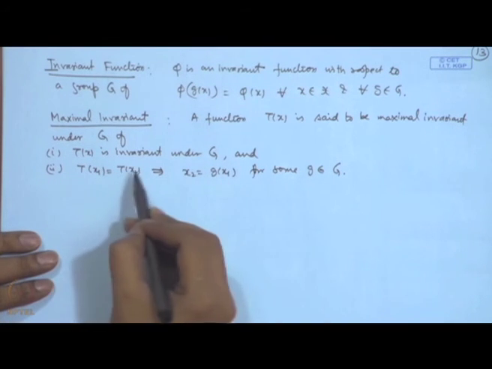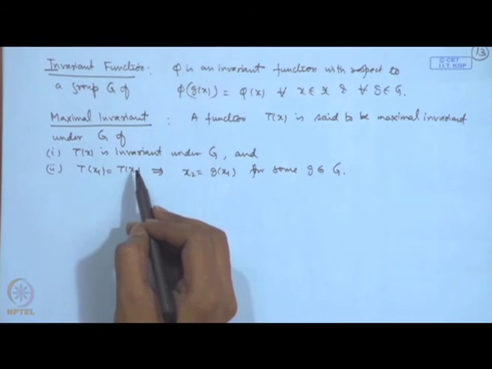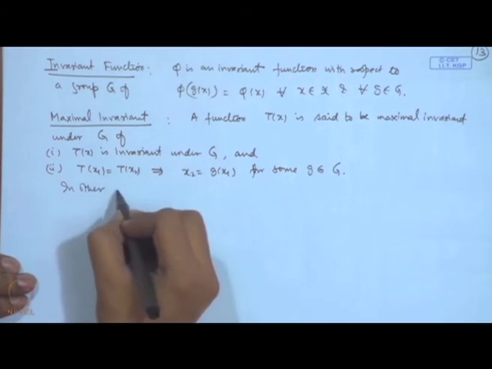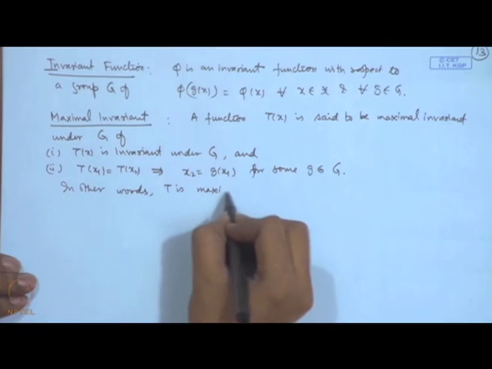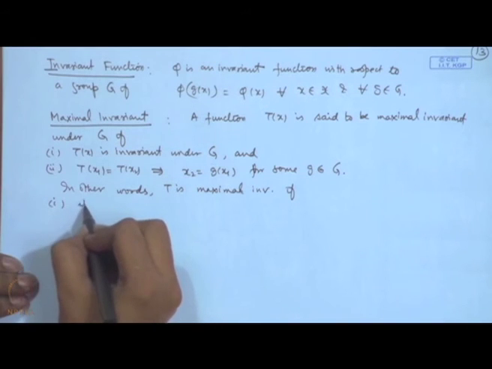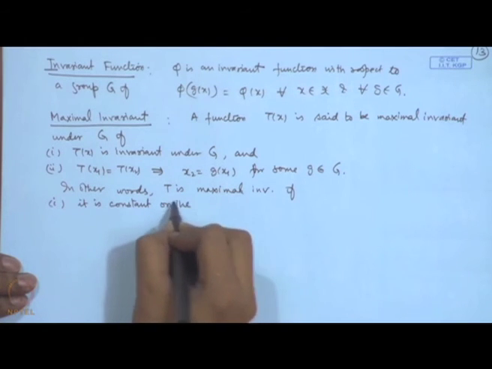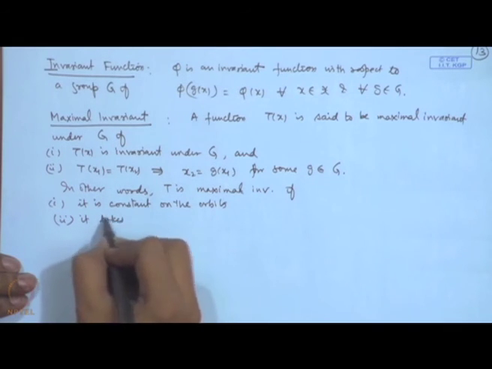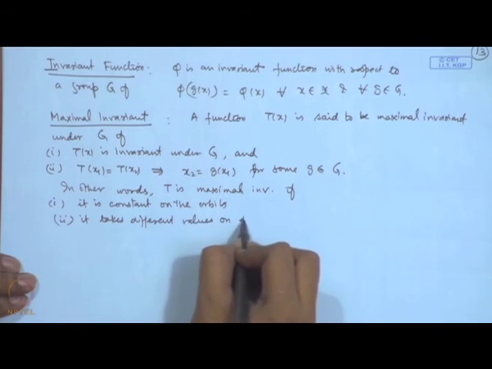That means, if it is on the same orbit, then the value will be the same. On different orbits, the value will be different. We can say, in other words, T is maximal invariant if it is constant on the orbits, and secondly it takes different values on different orbits.